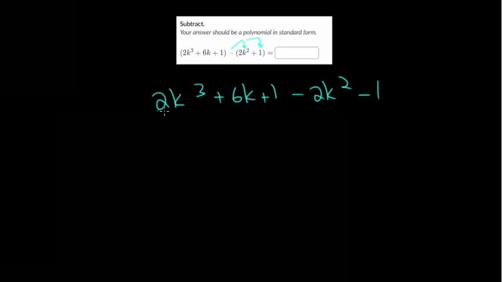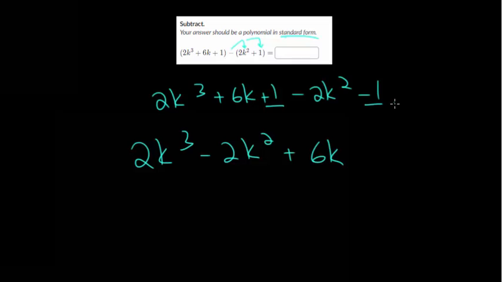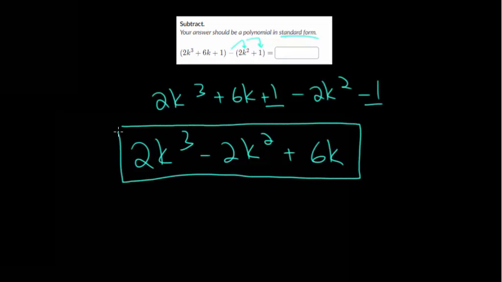And with this one, the only like terms are these numbers here. Everything else there's only one of, and we're going to write it in standard form, so we got to write the highest power of k first, then the square term, then the linear term, and we have plus 1 minus 1, which is just 0. So this right here would be the final difference after the subtraction.